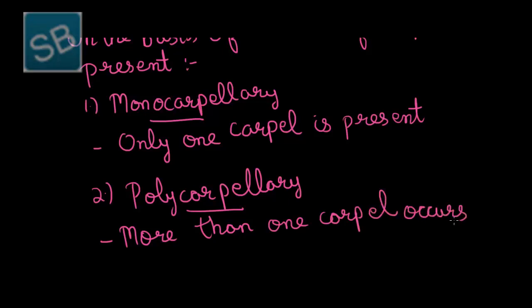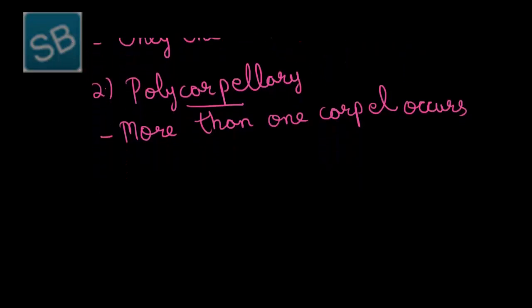Now, on the basis of number of carpels and their arrangement, polycarpellary type is of two types. First is apocarpous.